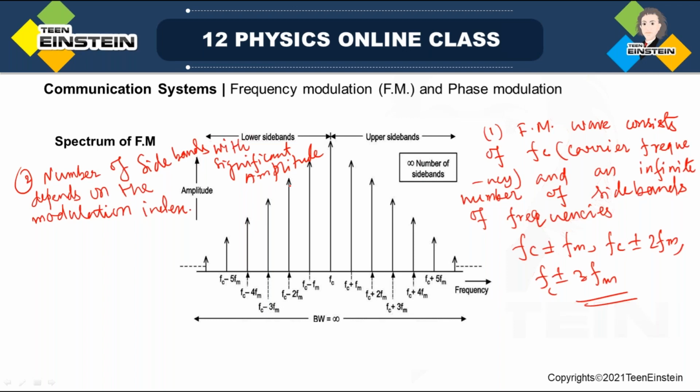And the last point is the sidebands at equal distances from the carrier wave have equal amplitude. You can see that if this is FM distance away, you look another FM distance away on the other side, they have the same amplitude. These two guys which are equal distance away from the carrier frequency will have the same amplitude.